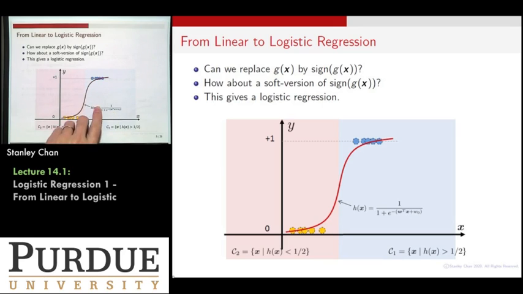In this particular problem, you can choose the discriminant function to be like this. It takes a very special form, which we will look at very carefully. It has this 1 over 1 plus e to the power minus (w transpose x plus w0). Because of this transient property of the curve, one thing you realize is that compared to the hard cutoff, this is sort of like a soft cutoff version.